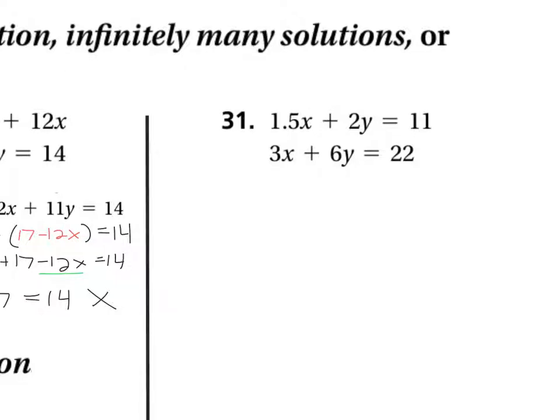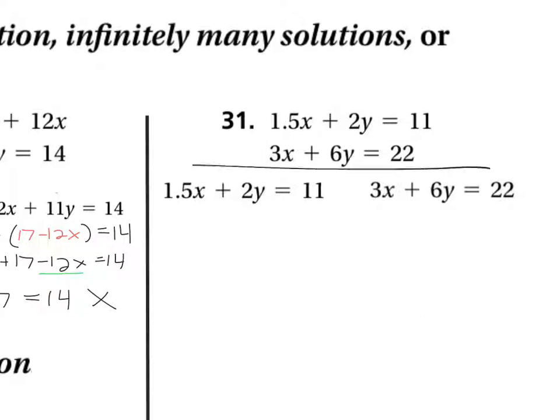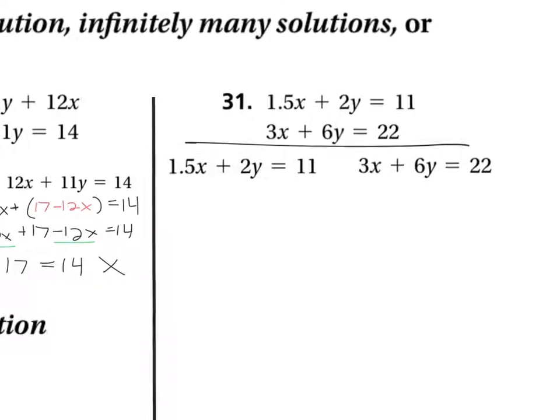Now, what can we do here? Well, I'm going to grab these two equations. I'm going to bring this over here. And I'm going to bring this over here. Okay.